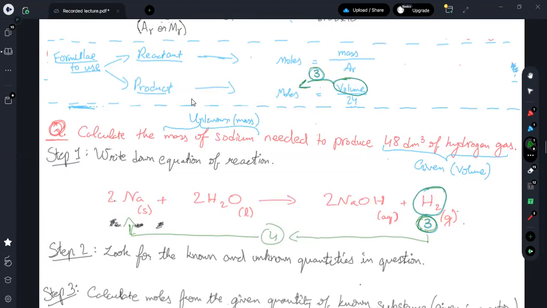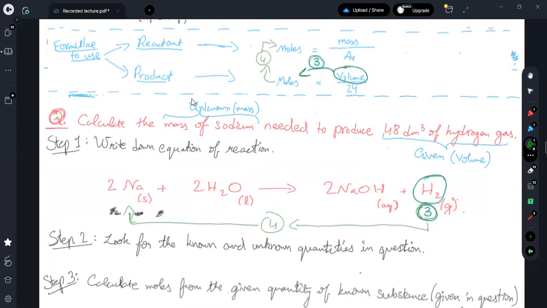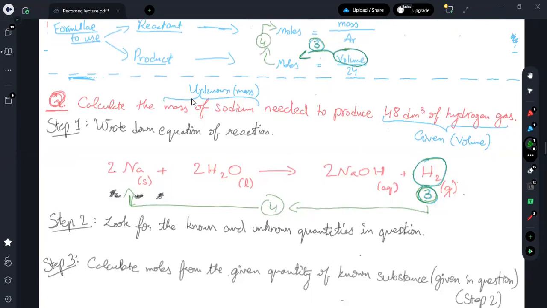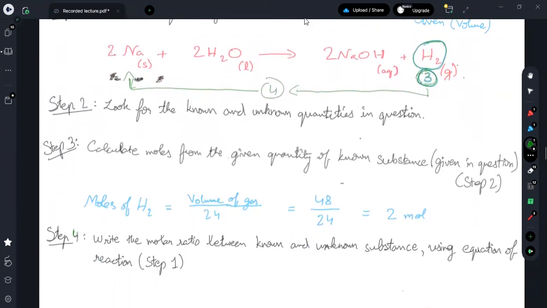Showing this step number 4 in the formula diagram, it is moving from this known moles to the unknown moles. So I've illustrated this here with step number 4, and now writing down the molar ratio using the equation.